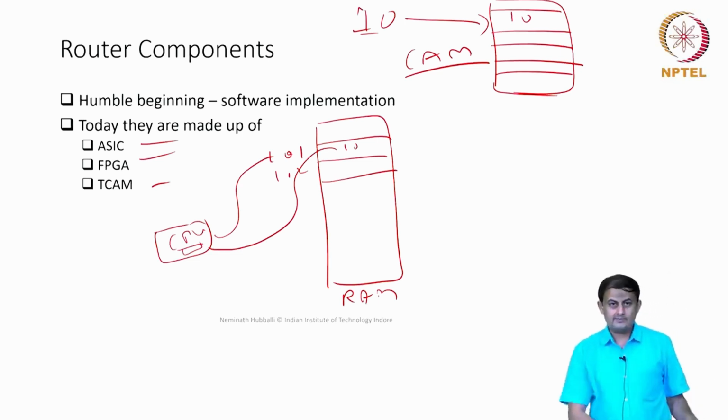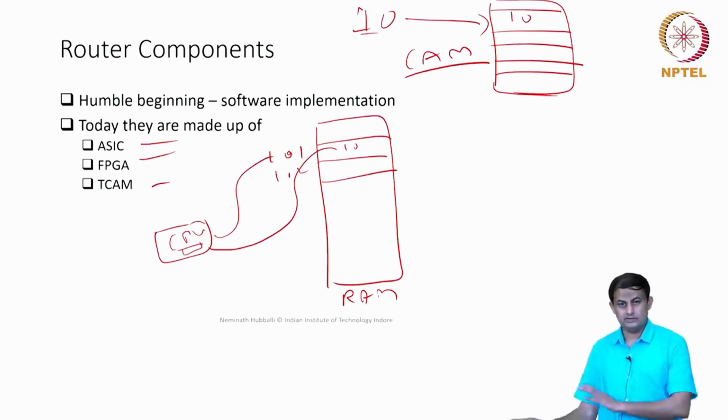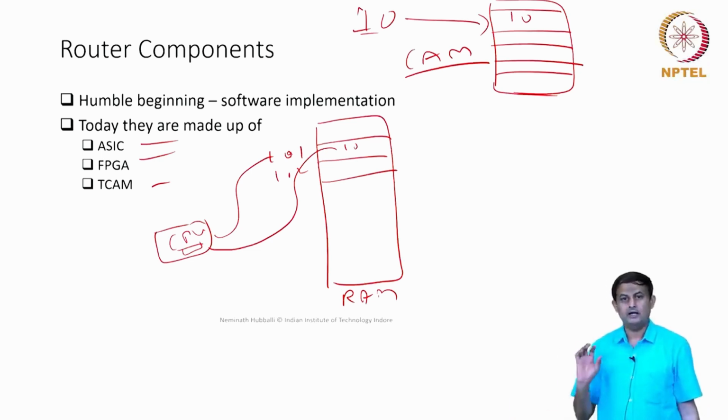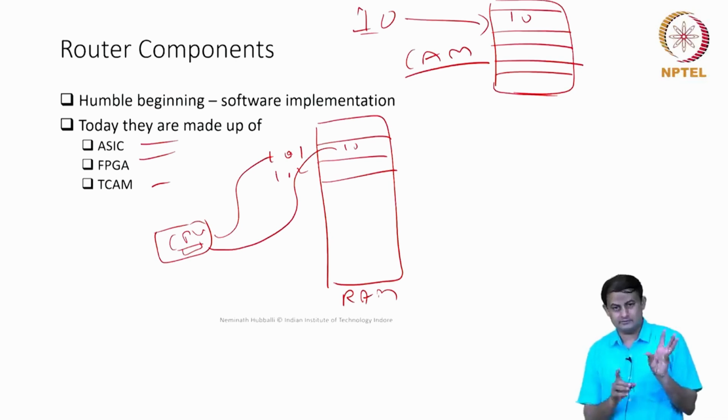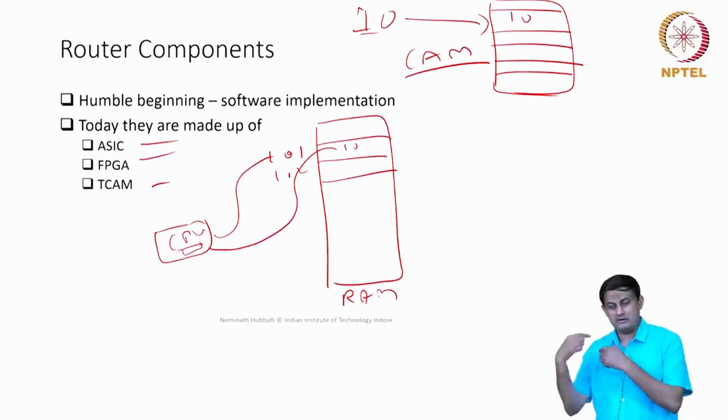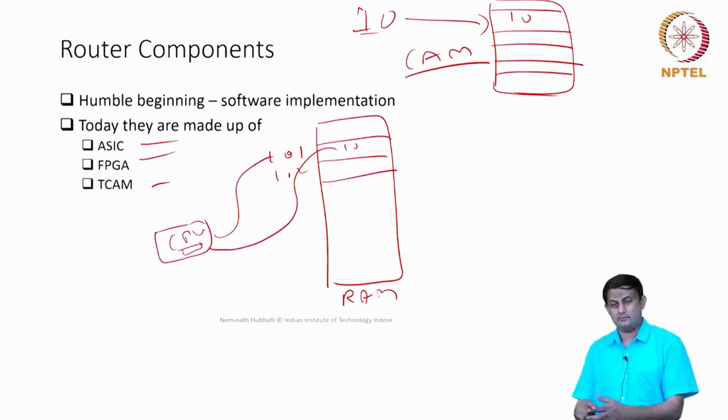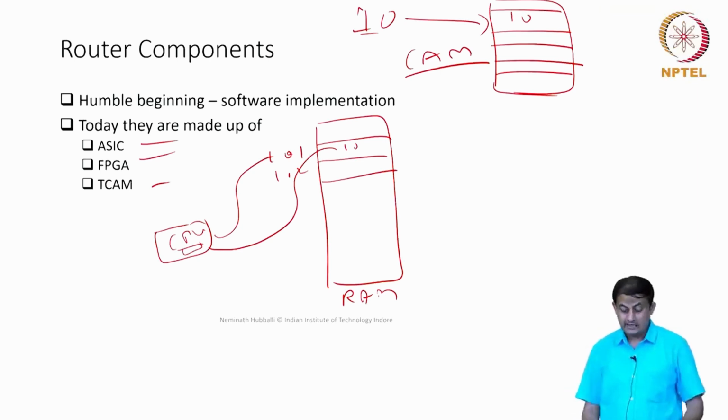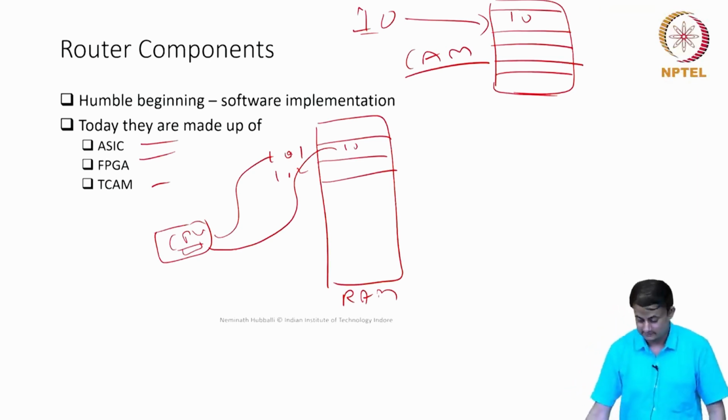I have got an IP address and I want to do the lookup operation, and I can ask this memory: can you quickly find out, I have got a packet with such and such IP address, whether for this IP address you have a routing entry inside this, and if yes, what is this location, and what is the port number on which I need to send this. That is the kind of operation I'm looking at.